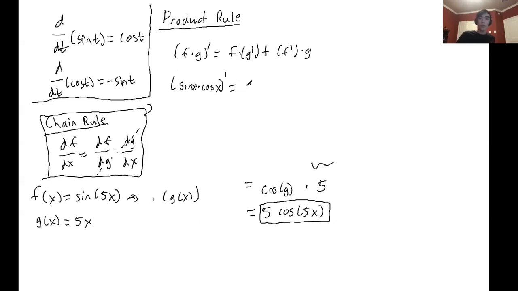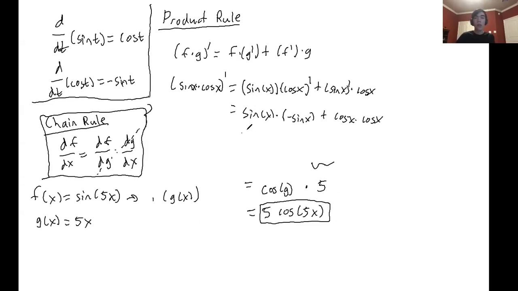Well, this is just sine of x times (cosine of x)' plus (sine of x)' times cosine of x, which is sine of x times negative sine of x plus cosine of x times cosine of x, which is just cosine squared x minus sine squared x.